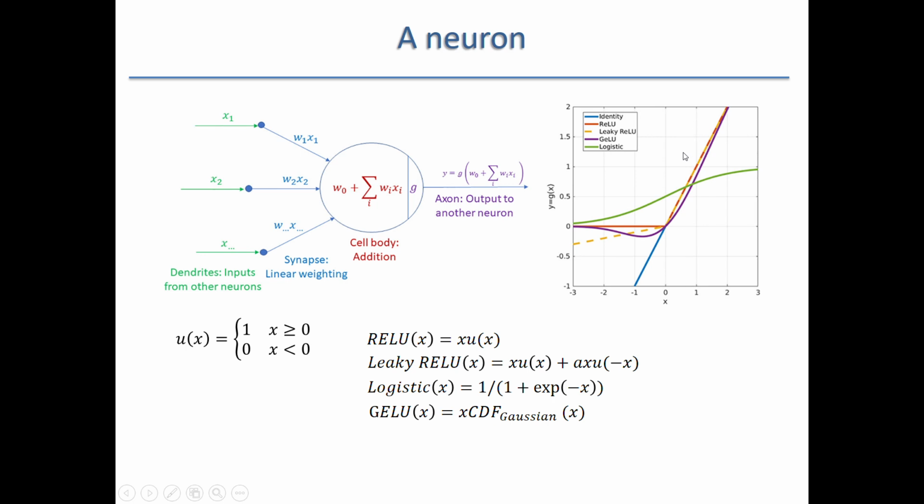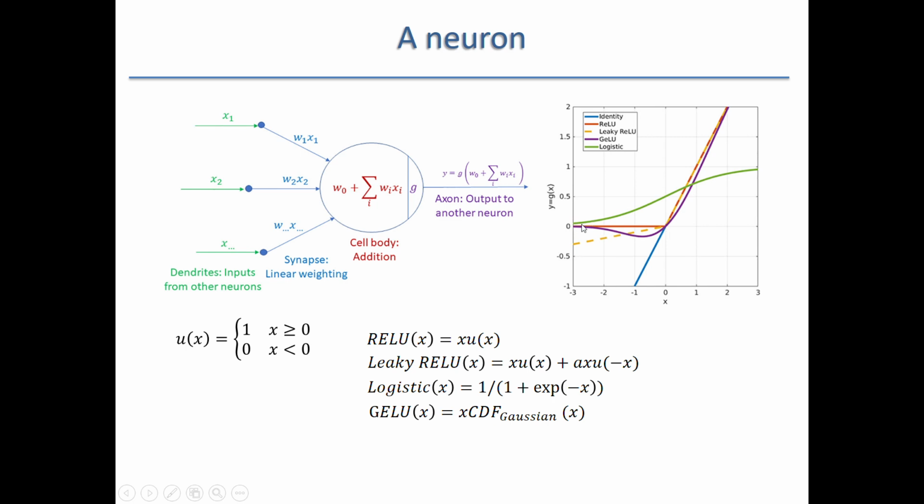A very popular one is ReLU. ReLU is this function that is x times the Heaviside step function. The Heaviside step function is 1 if x is larger or equal to 0, or 0 if it is smaller than 0. So you have a step function, and that is represented here.